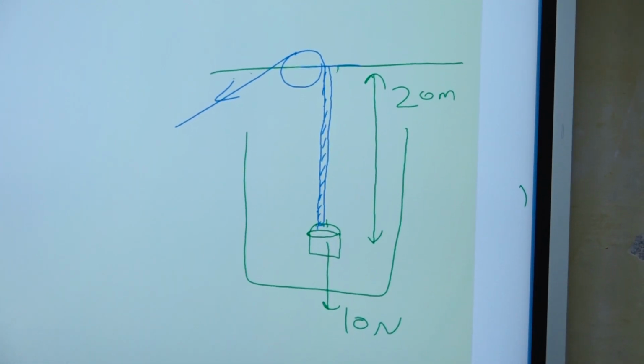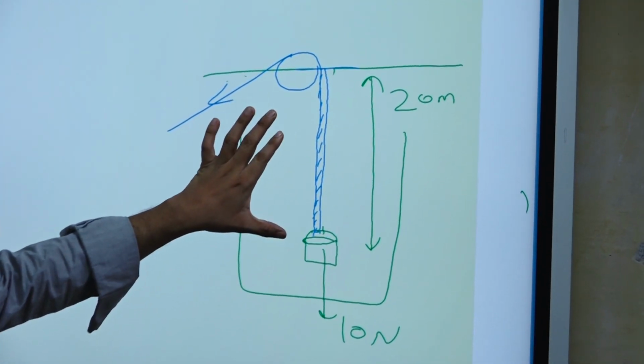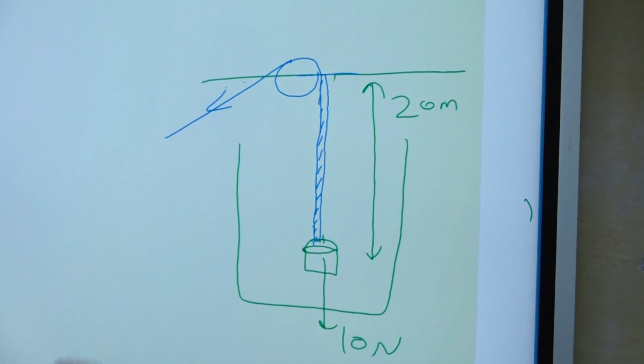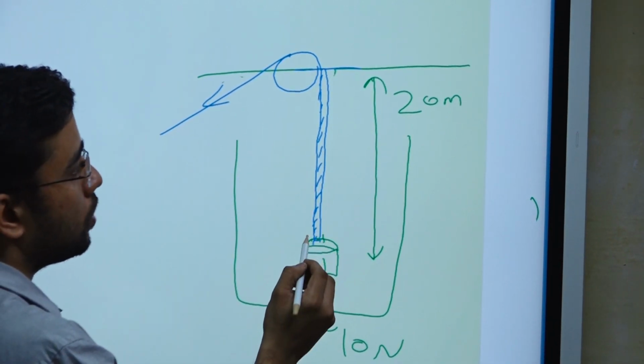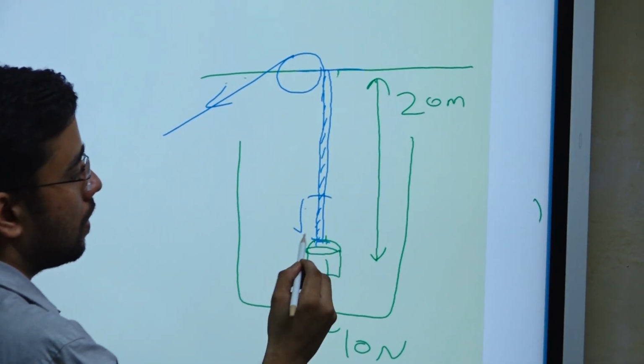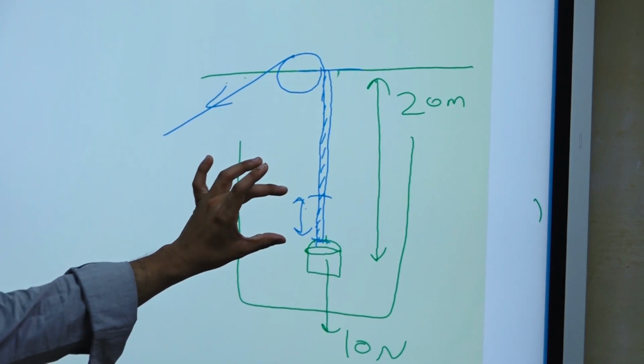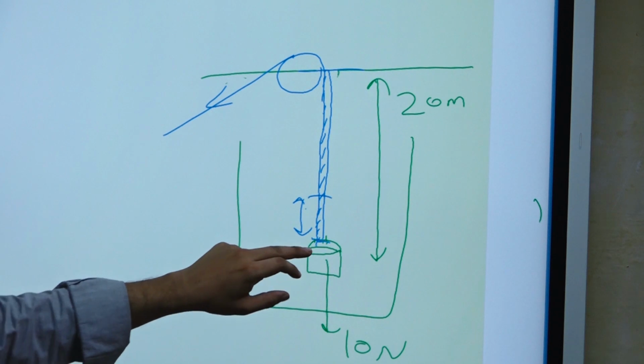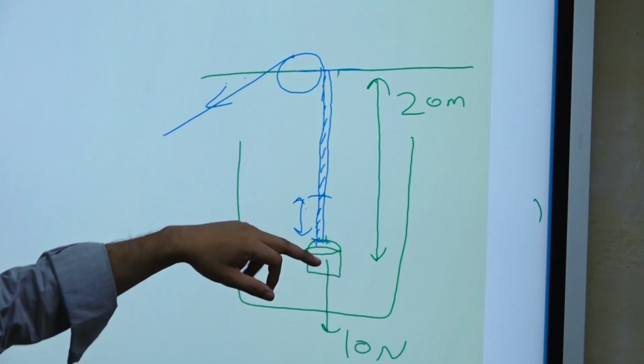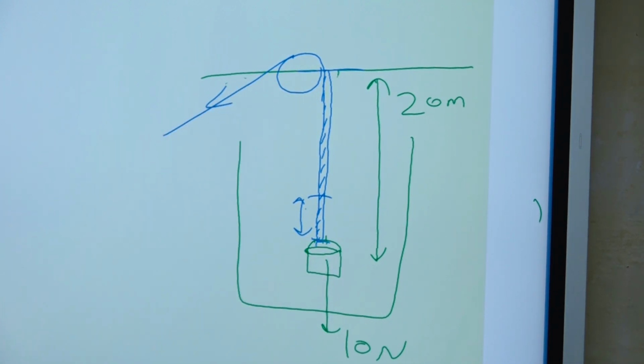So this rope has weight of 1 Newton per meter. Suppose from here to here it is 1 meter, then the weight is 1 Newton. Then the total weight from top to bottom is 20 Newton.